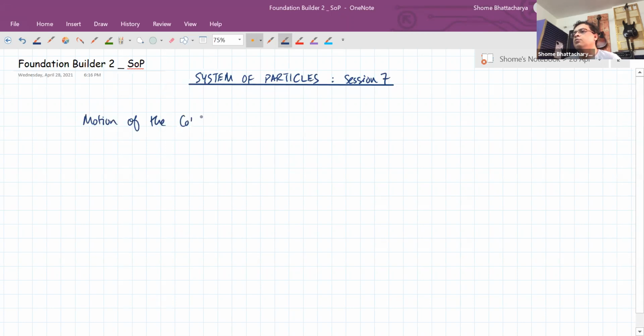Okay, so the motion of a center of mass for a system can be described by the following parameters, as we have seen before. Displacement of the center of mass is given by summation of mass into displacement for individual particles divided by the total mass.